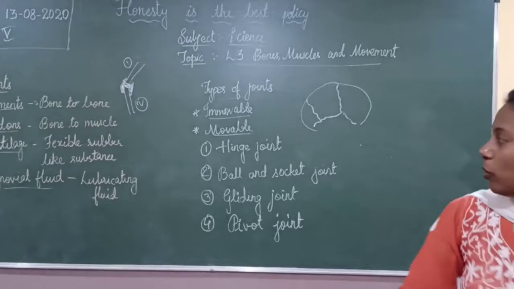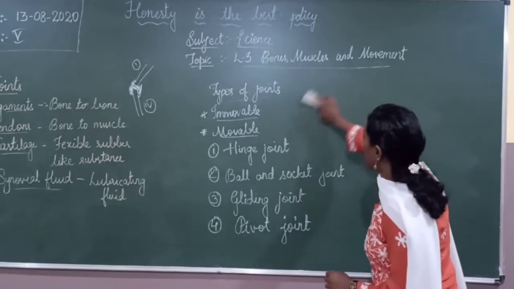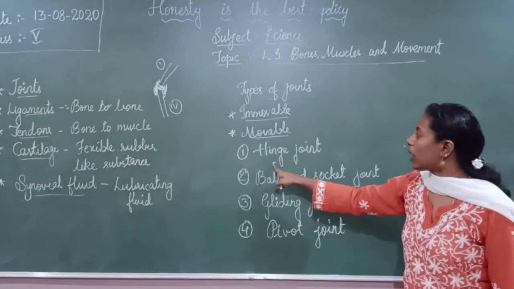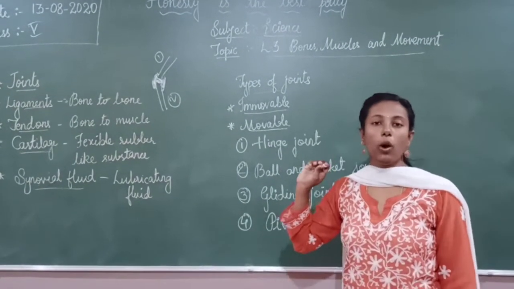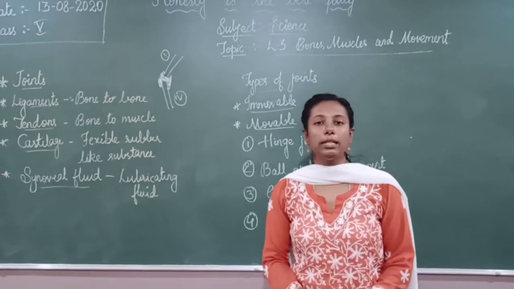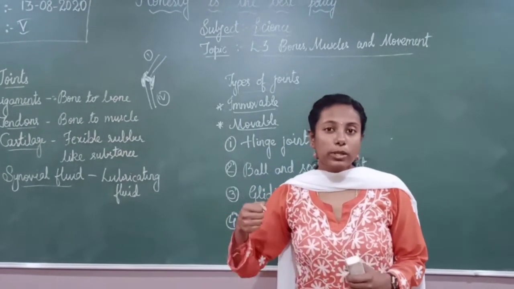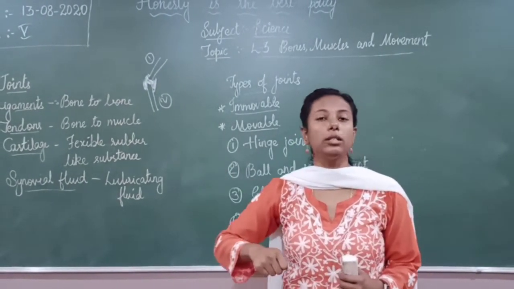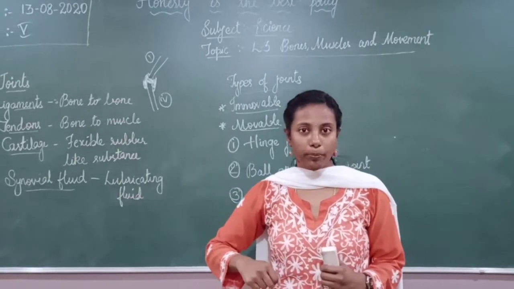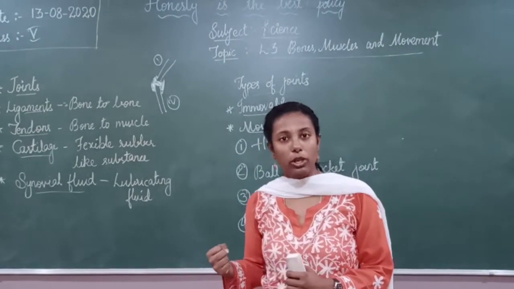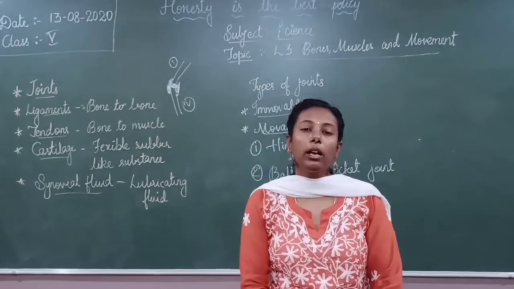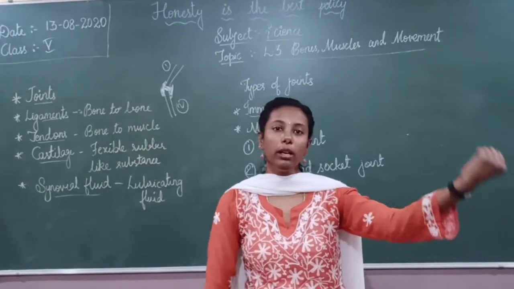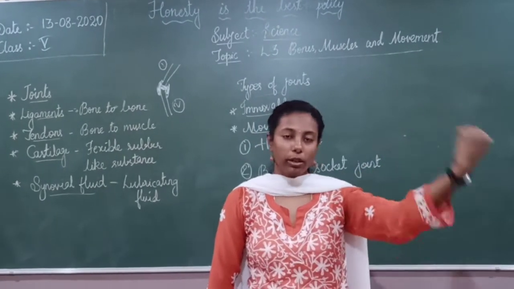Next, coming to the movable joints. Under movable joints, there are certain joints which we'll study today. The first one is hinge joint. What is a hinge? Hinge is nothing but when you open or close the door, you have hinges in between, right? And the door doesn't open both ways. It will open only in one direction and close in the other direction. Like your elbow here, your forearm, you can just fold it in this manner.